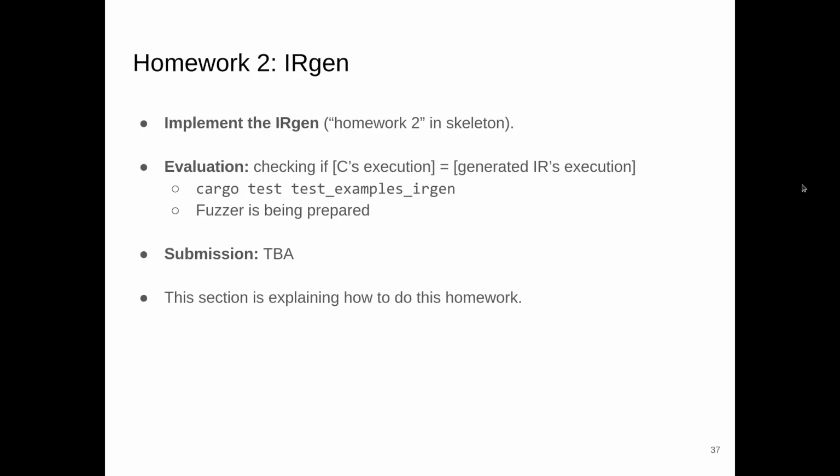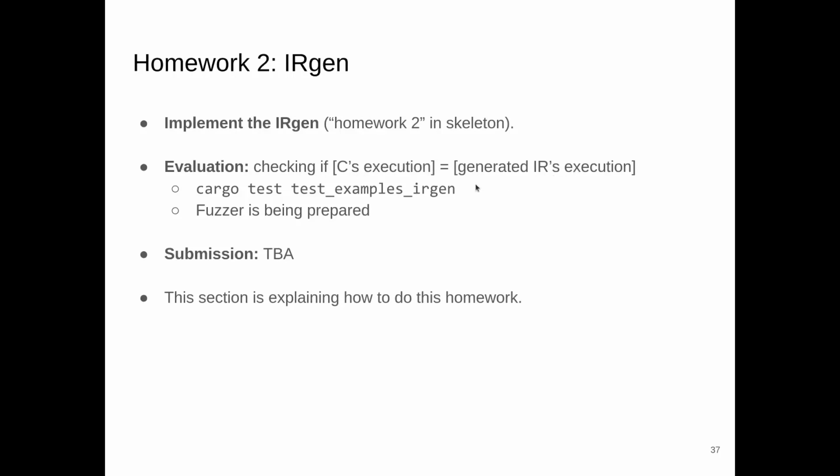Here are a few scripts to test whether this criteria is actually met or not. You first implement your IRgen and then run cargo test example IRgen. Then it is going to check whether the execution results are the same for C and IR.